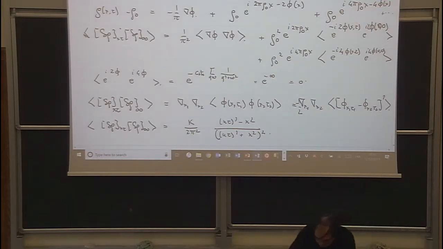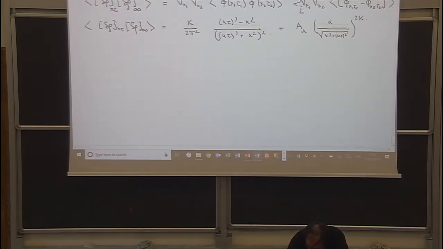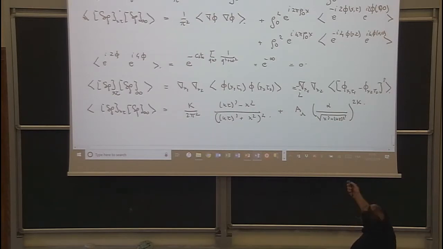I will have the corresponding part with a minus sign, and this is exponential of minus log times the coefficient. And so you can work it out. So I will have some amplitude, which depends on the ultraviolet cutoff. Let's call it A lambda. And then I would get something, I write it dimensionally, alpha over square root of x squared plus u tau squared, to the power 2k. And then if I look at the next coefficient, essentially I get the square of this. So I get 4 divided by 2 times k, so here I would get 16 divided by 2, so this is 8k, and so on.